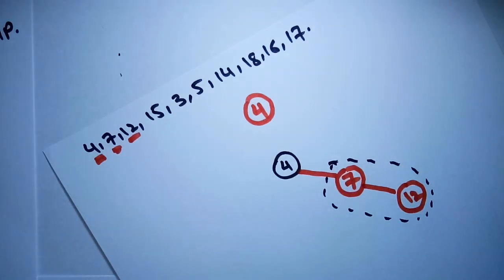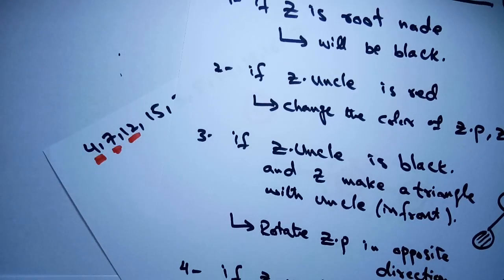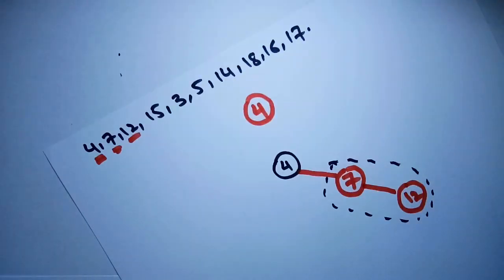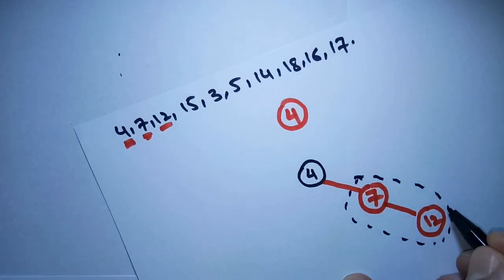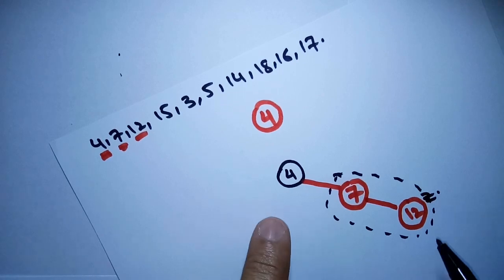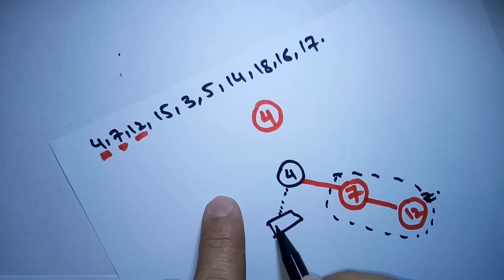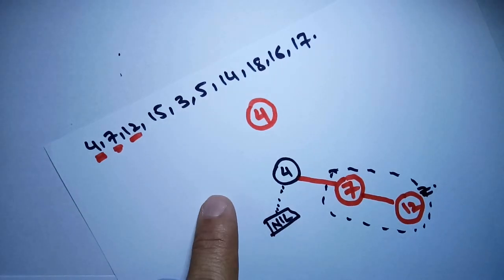So what we need to do now is check the insertion cases. We inserted 12, now we need to check the cases. This is the node that we inserted, the Z node, that is 12. What is the uncle of 12? The uncle of 12 is a nil node, that is of black color.